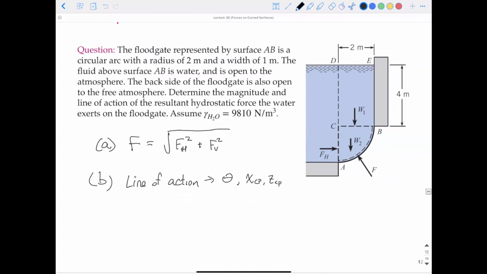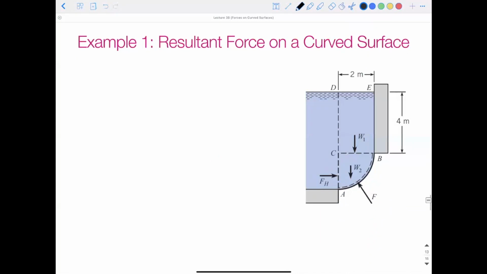So let's begin. Let's go through our steps from before. Let's start by finding the vertical component of our force. The vertical component of our force is going to be this component pointing upwards.